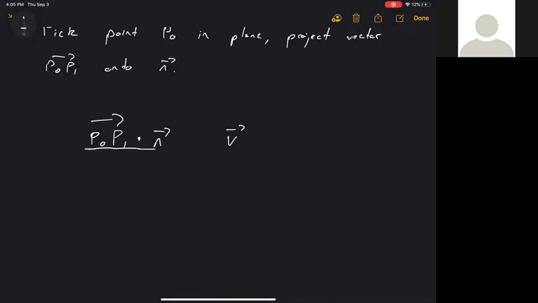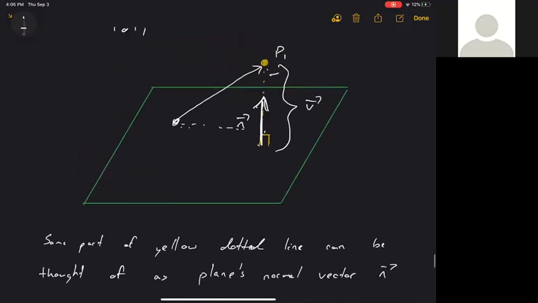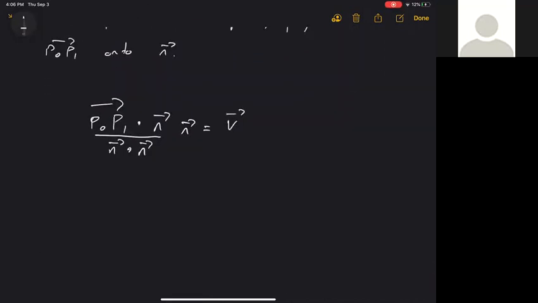Remember, the projection of P0 P1 onto n is given by the dot product of P0 P1 and n, over n dot n, times n. Now the distance from my point to my plane is just the length of the vector v.